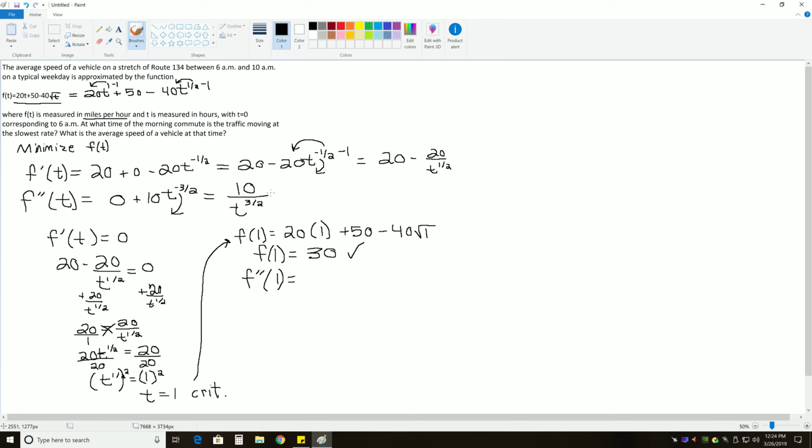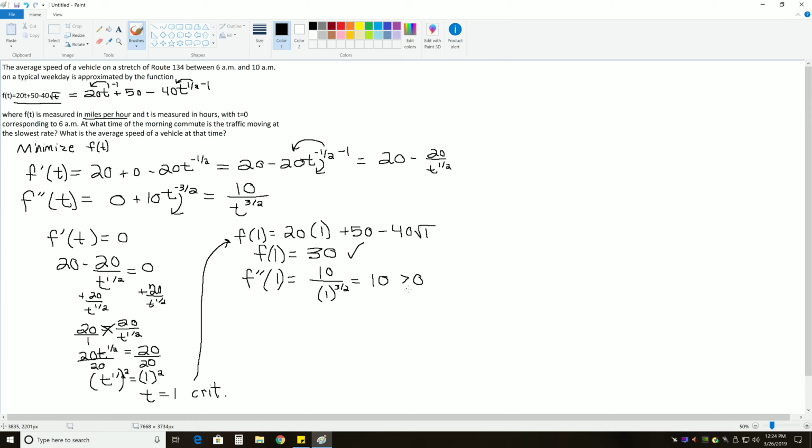And we said f double prime is 10 over t to the 3/2, so we get 10 over 1 to the 3/2, which just ends up giving us 10. But we don't care about this number. What we care about is the fact that it is greater than 0. It's positive.